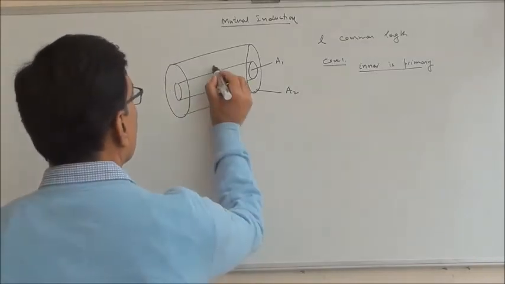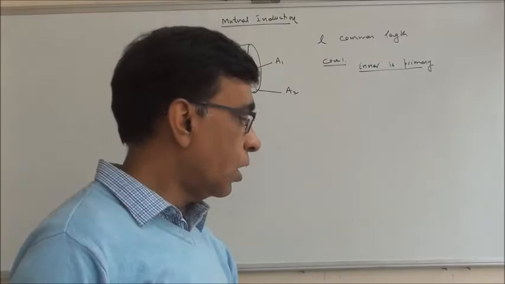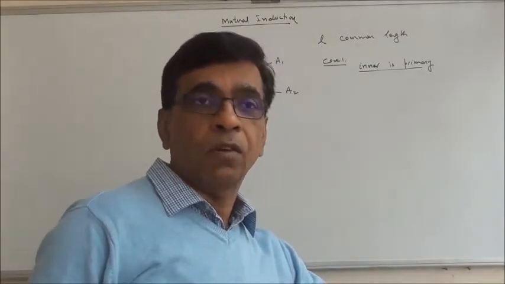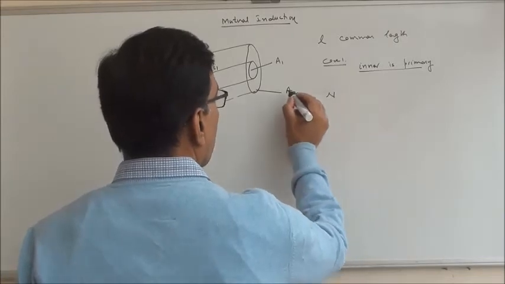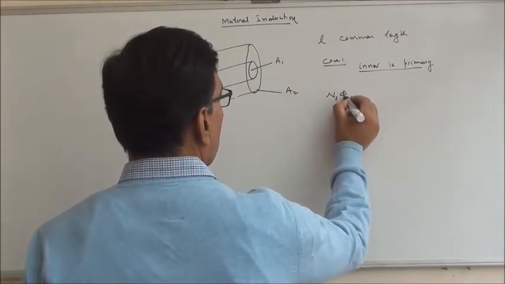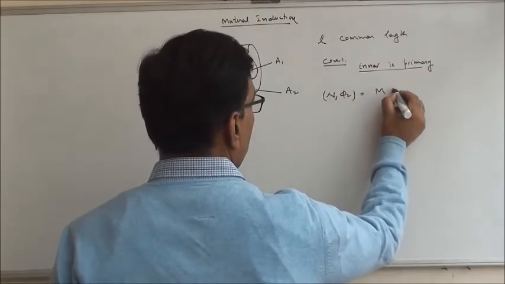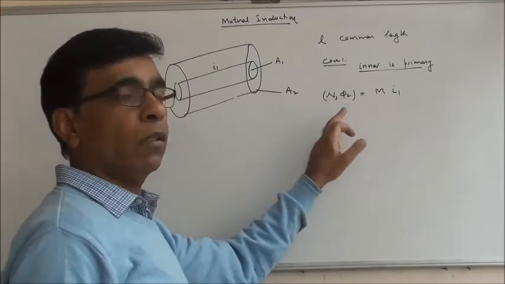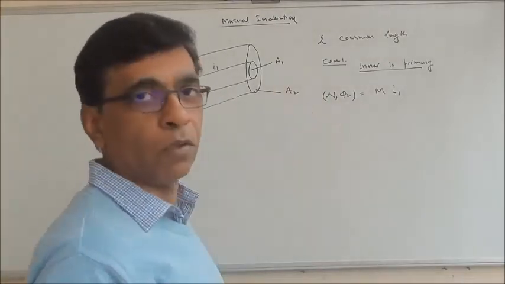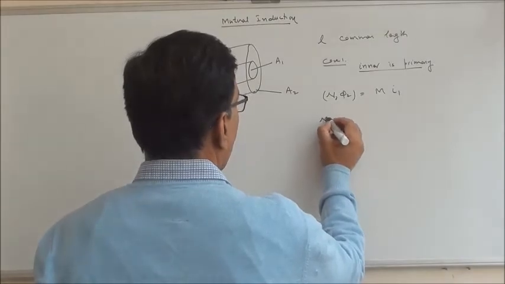It has current, say I1, and we have to find out the induced EMF in the secondary coil. So secondary means we are taking the outer one. N2 phi 2 is equal to M times the current in the primary. The inner one I am writing 1, and for the outer one I am writing 2.